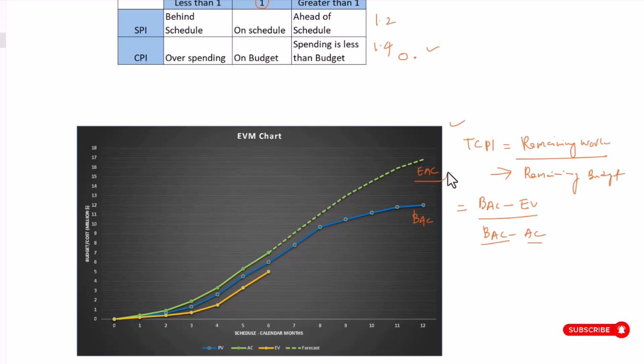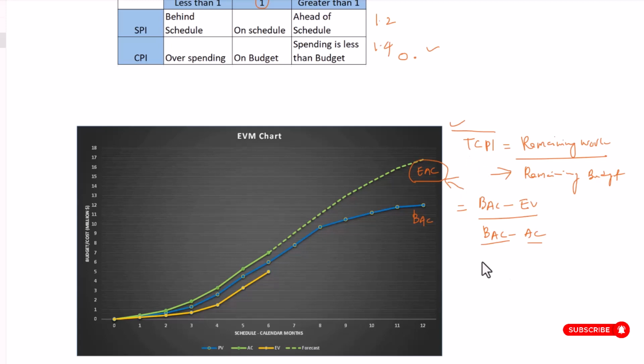After calculating EAC, your sponsor might ask you, all right, the TCPI value according to BAC is this much. I want to know, if you consider the newly found EAC value, how much will our TCPI be? This is a kind of what-if analysis.